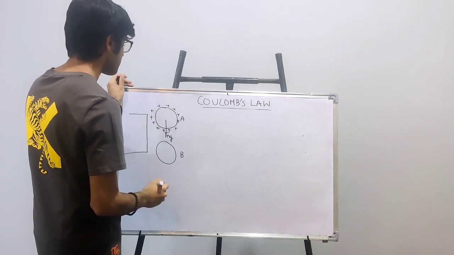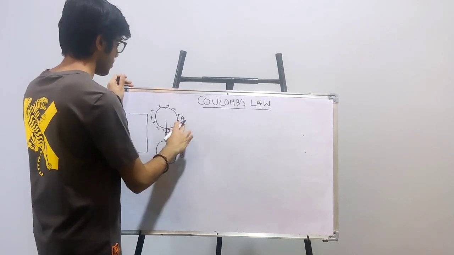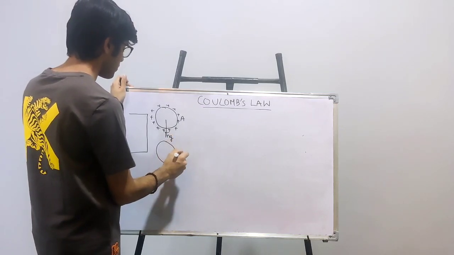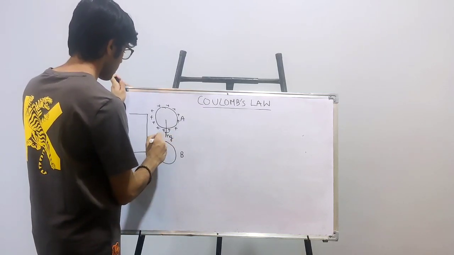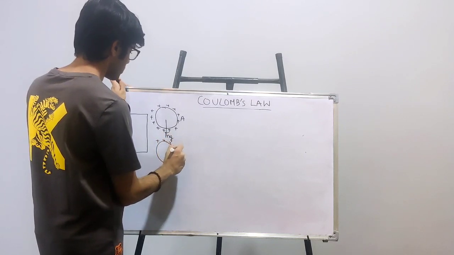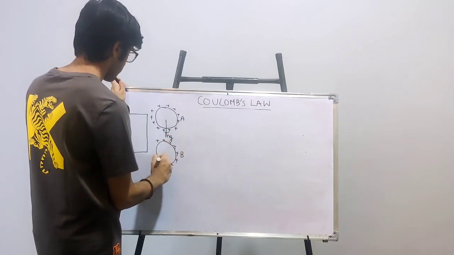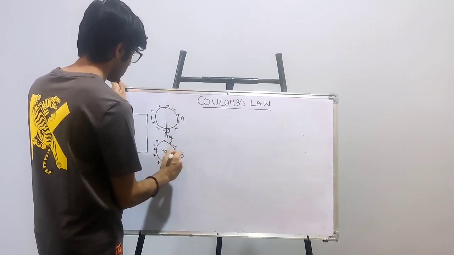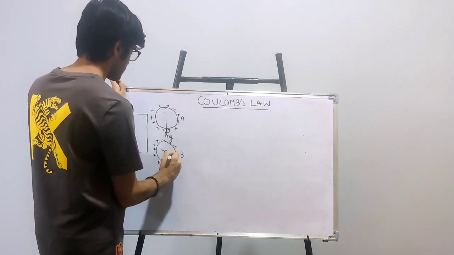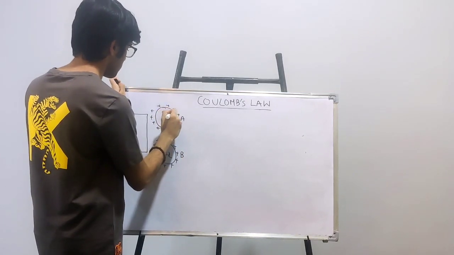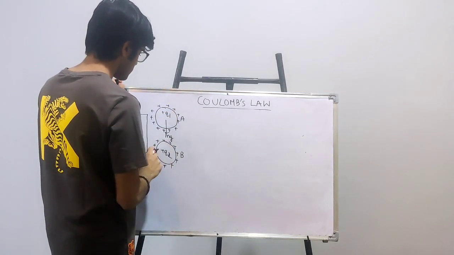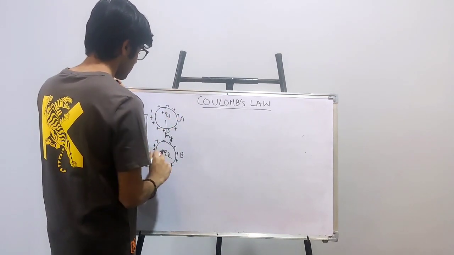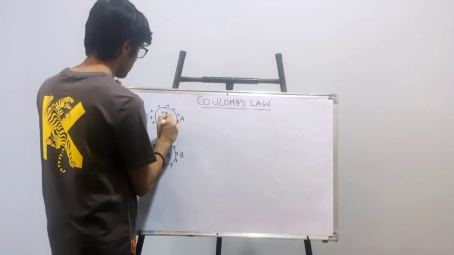Now if we want to stop this ball, we will have to introduce a new force. Let's say we introduce a new sphere here, ball B, and that is also positively charged. Let's say this is plus q1 charge, and this is plus q2 charge. Since both of these charges are of the same nature, plus and plus, this ball will repel this ball.